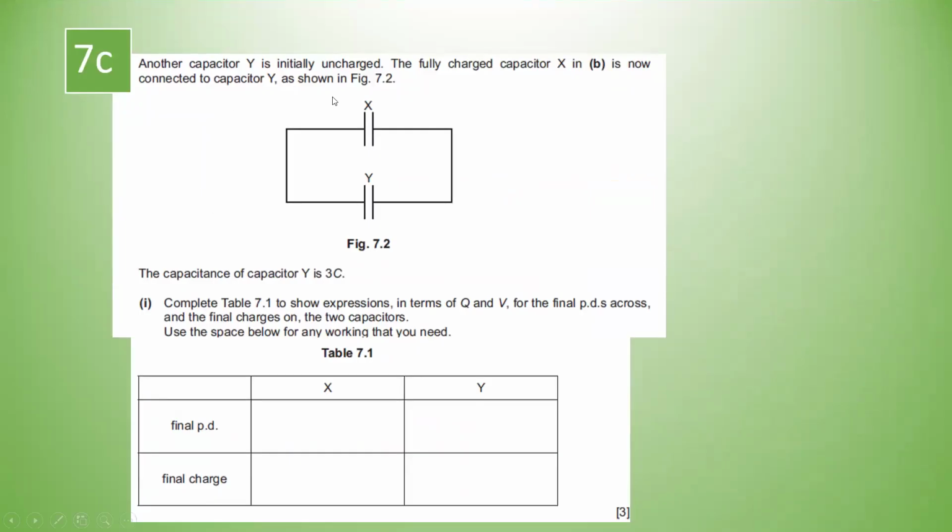Another capacitor Y is initially uncharged. The fully charged capacitor X in B is now connected to capacitor Y as shown in figure 7.2. The capacitance of Y is 3C.